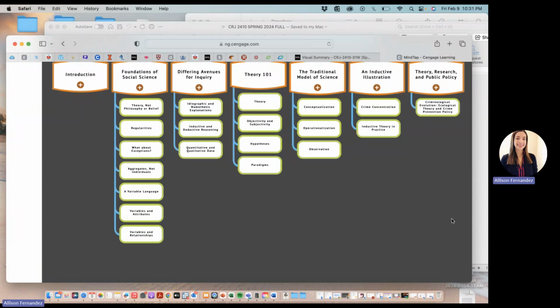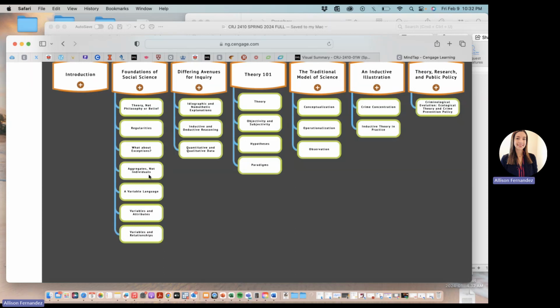All right, so chapter 2 is talking about more fundamental knowledge, that we use theories, not any type of beliefs. A belief doesn't have any systematic thought process behind it, whereas a theory does. So when we're conducting research, you should use a theory. We're also interested in aggregates, typically, not individuals.